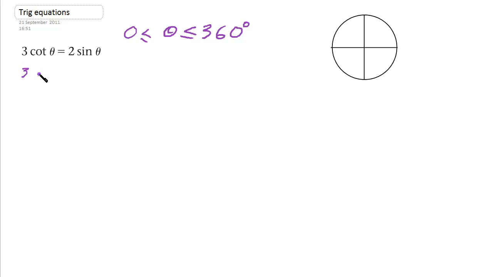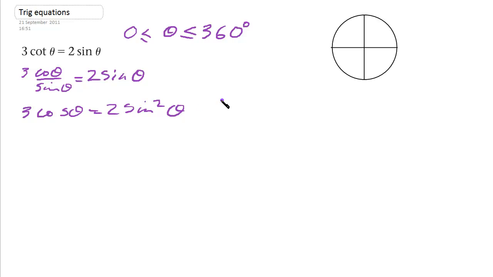So we know that cot theta equals cos theta over sine theta, and that equals 2 sine theta. Now I'm going to times throughout by sine theta, so times this side by sine theta, because we want to get rid of the fraction. And that gives us 2 sine squared theta.